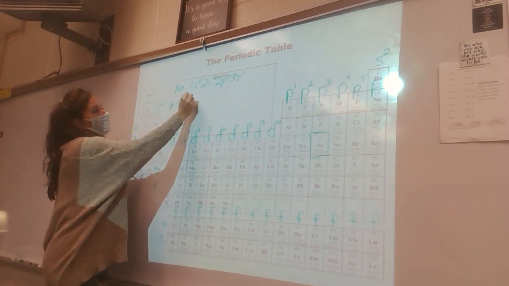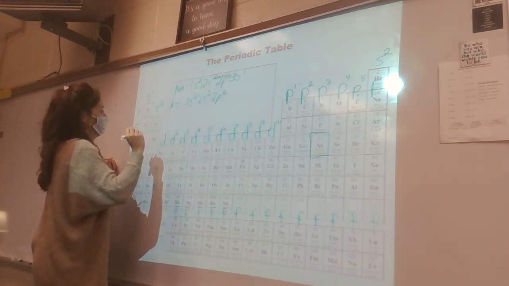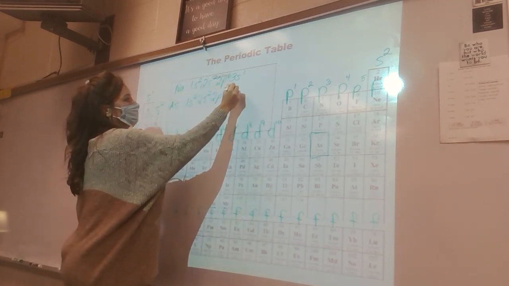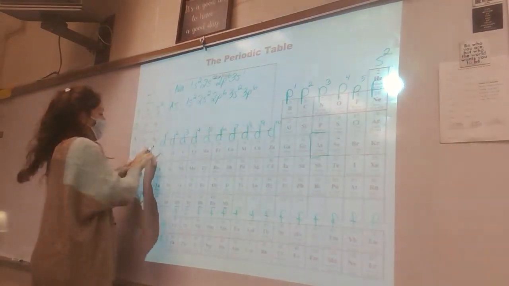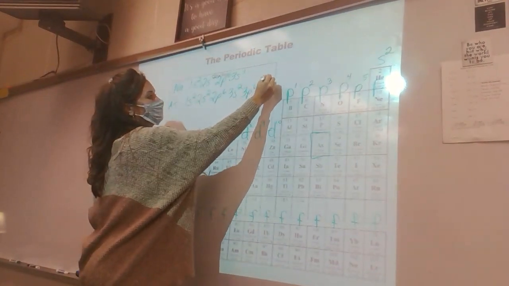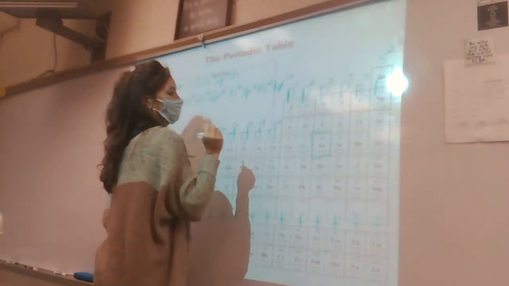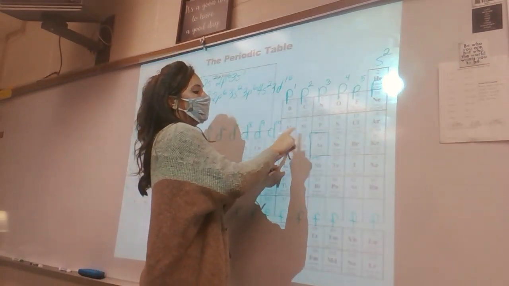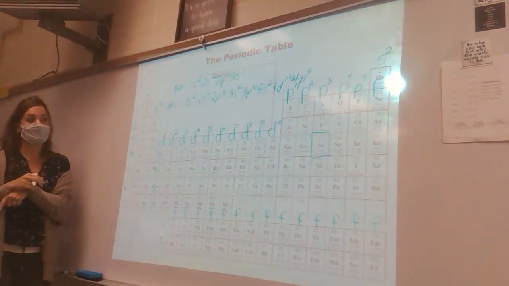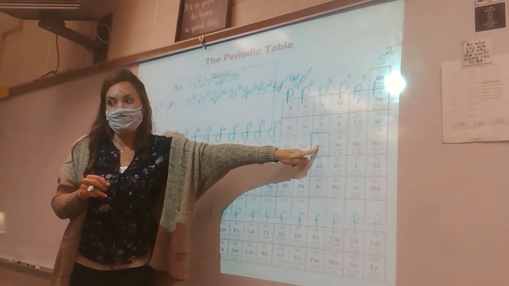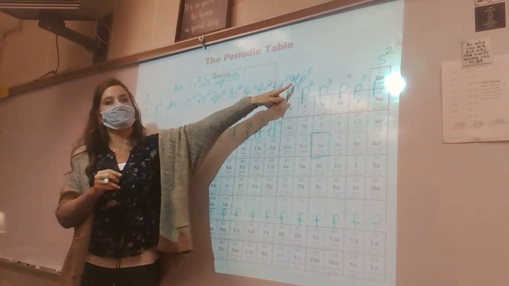So I have to cross 1s2, 2s2, 2p6, 3s2, 3p6, 4s2, and then 3d, and there are 10 of them, and then 4p, 1, 2, 3. That's arsenic. It's the third element in the P block of the fourth row. So it ends in 4p3.